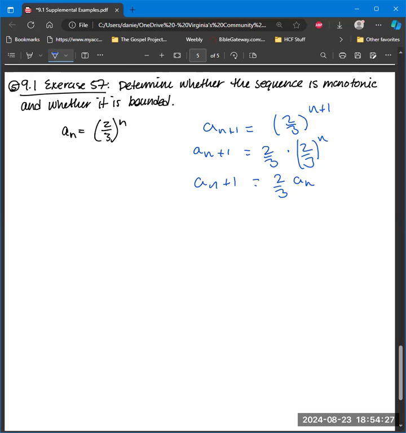So if I'm taking 2/3 of this positive number here, I'm getting a smaller positive number all the time. So this is always decreasing, and so it's monotonically decreasing.